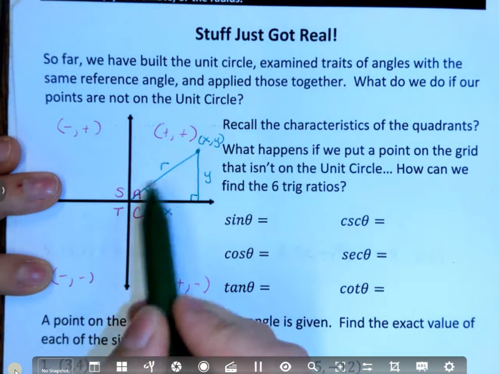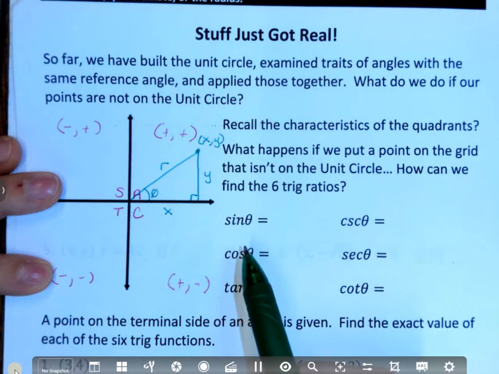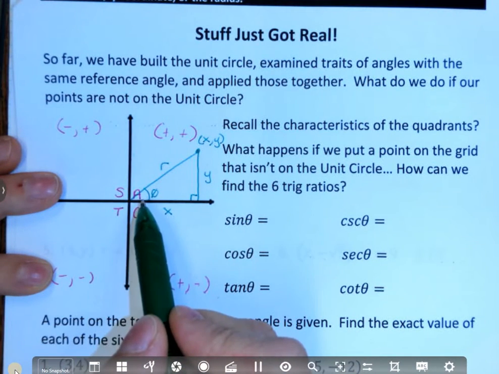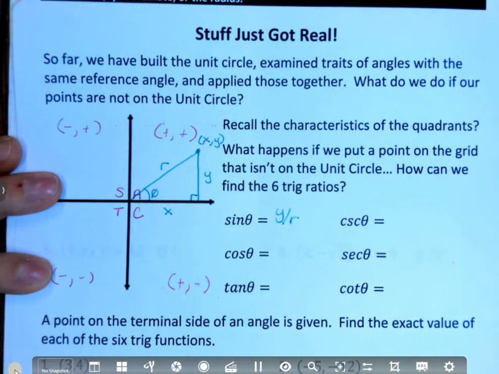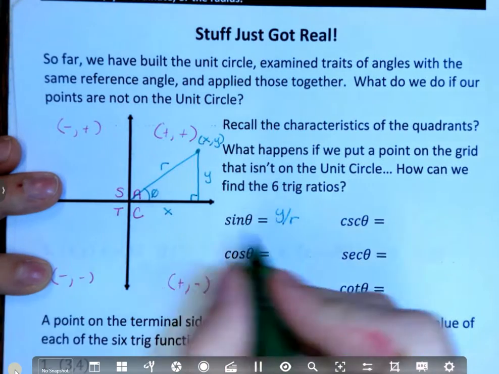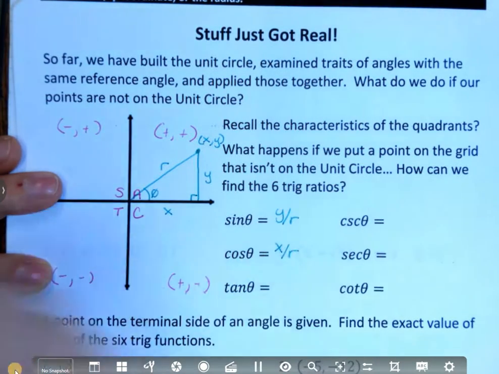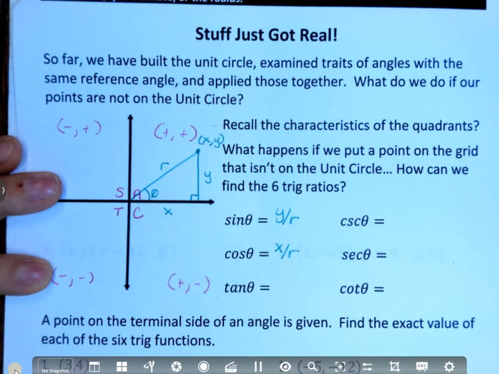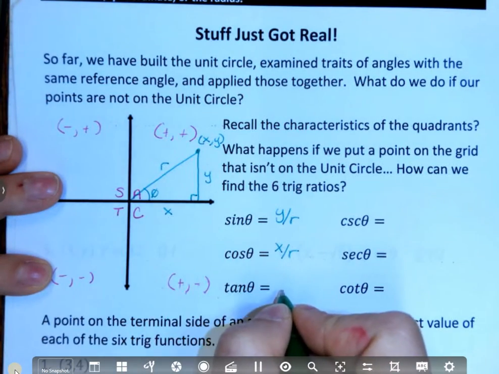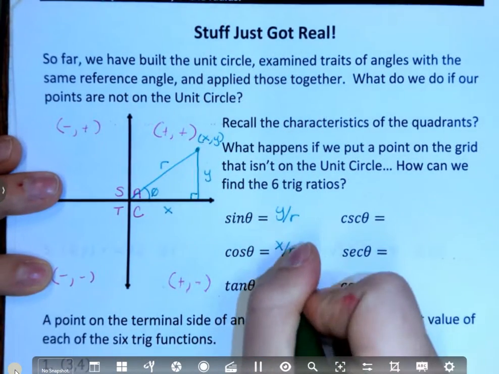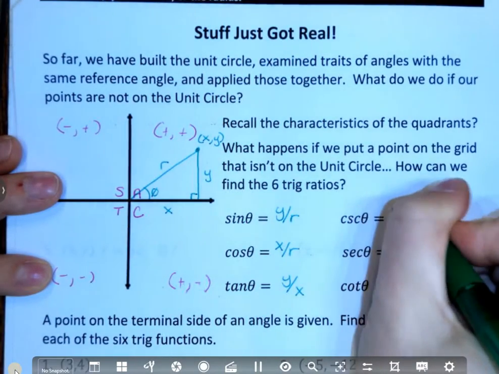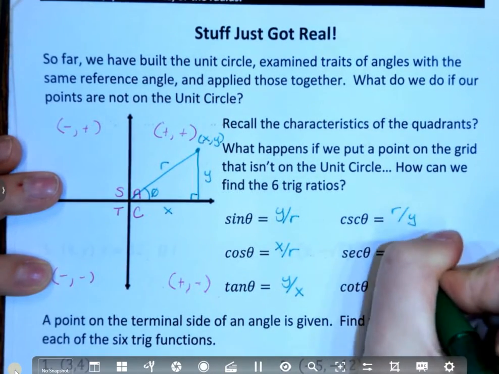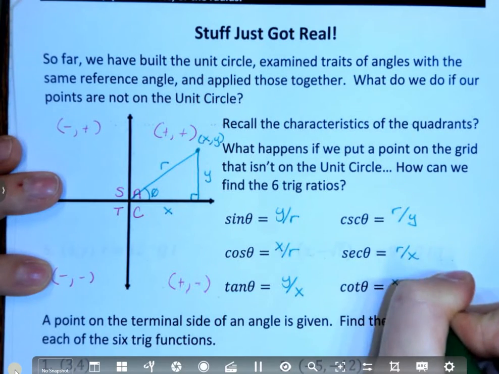So using this triangle, what is the sine of my angle? Y over r. Not new. What is my cosine? Not new. What is my tangent? Okay, y over x. And lovely, lovely, lovely, our reciprocals are just the reciprocals. R over x and x over y.